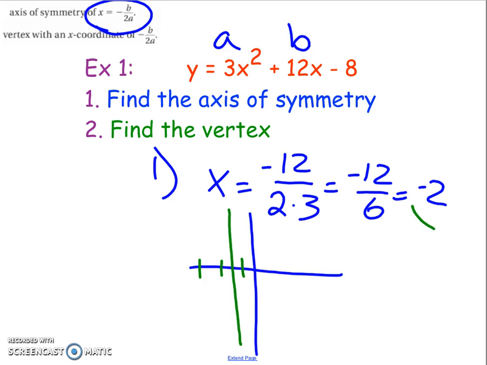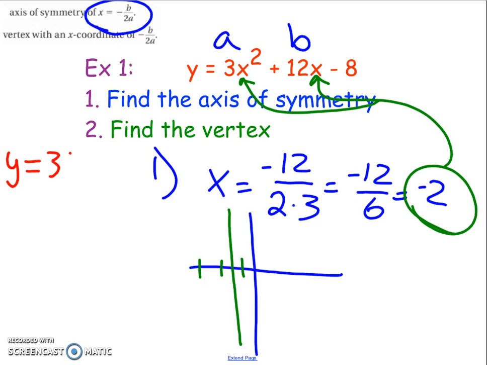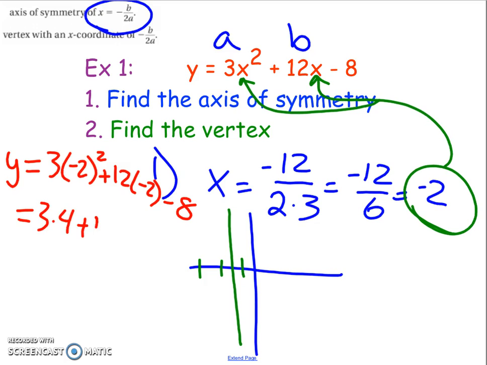For the vertex, I know my x value is negative 2. I'm going to substitute that back in everywhere I have an x to find my y value. So I've got y equals 3 times negative 2 squared plus 12 times negative 2 minus 8. Negative 2 squared is 4, so I've got 3 times 4 plus 12 times negative 2 minus 8.